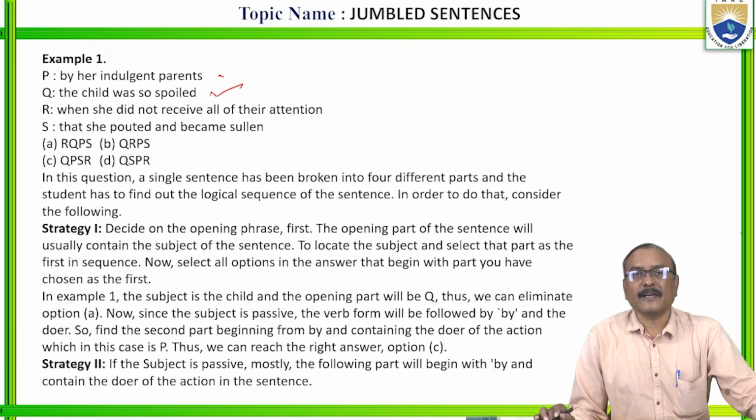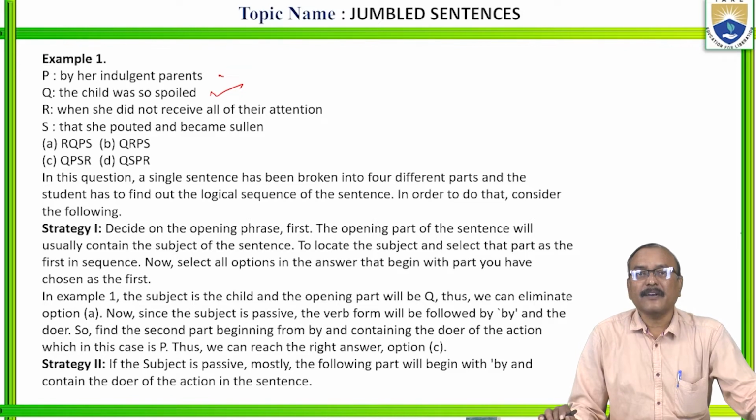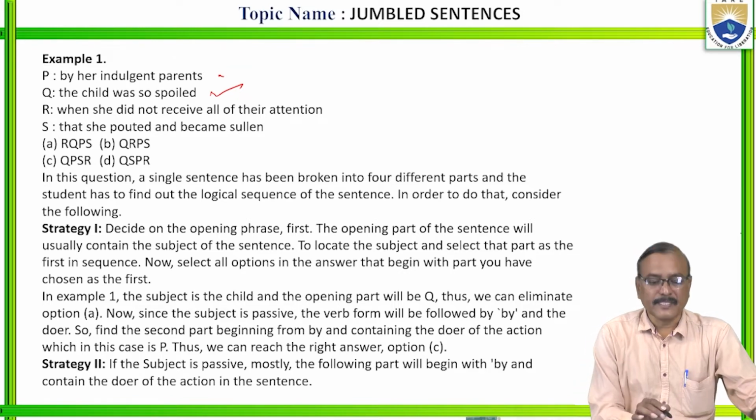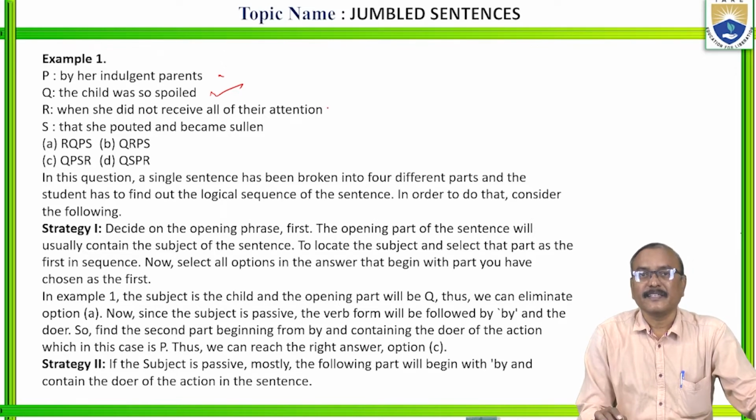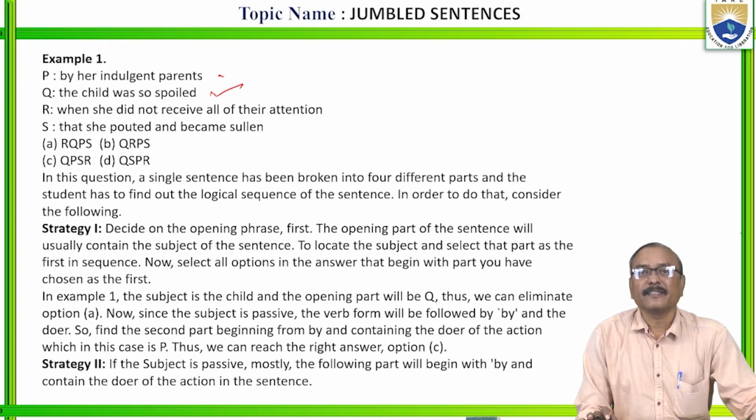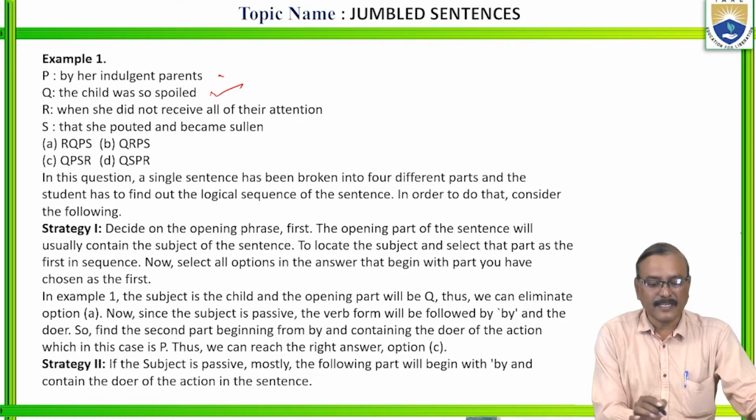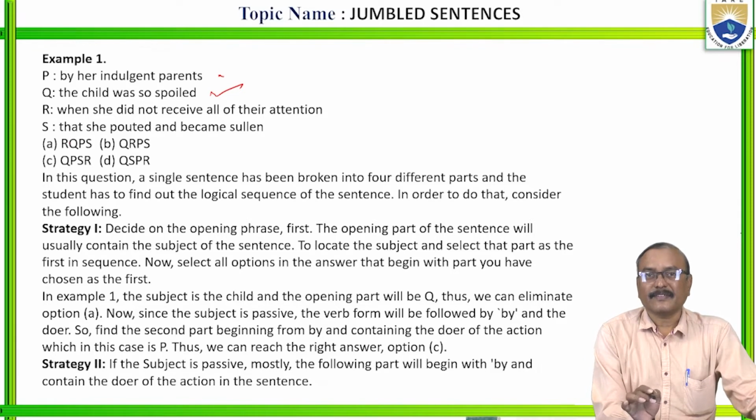Option C: the child was so spoiled by her indulgent parents that she pouted and became sullen when she did not receive all of their attention. C is most suitable. Now go for D also: the child was so spoiled that she pouted and became sullen. Generally it takes the connecting link.